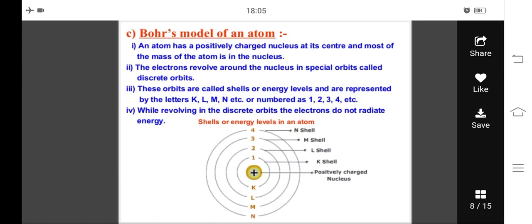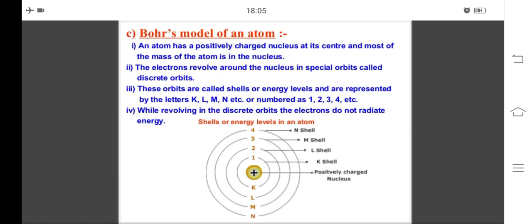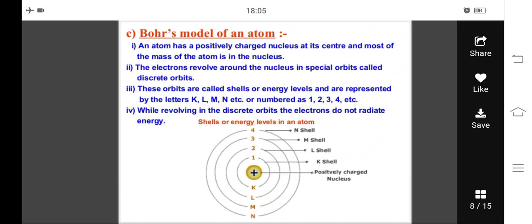Kids, we have started with the chapter Structure of Atom. In our previous lecture, we have done Bohr's model of an atom. We have done how Bohr classified the different energy levels and how there are different numbers of electrons in these different energy shells.